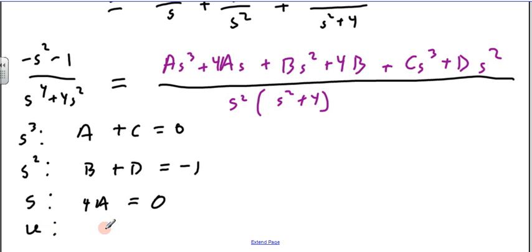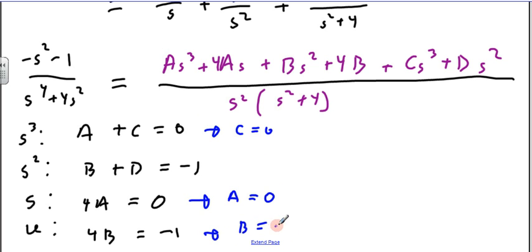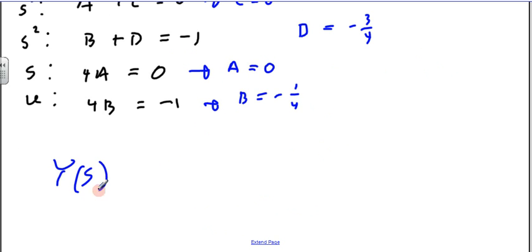I look at the unit term, 4B is equal to minus 1. Okay, well, assuming that I did that right, this implies that A is equal to 0, and if A is 0, then C is equal to 0. And this implies B is equal to minus 1 over 4. So if B is minus 1 over 4, then D has to be minus 3 over 4.